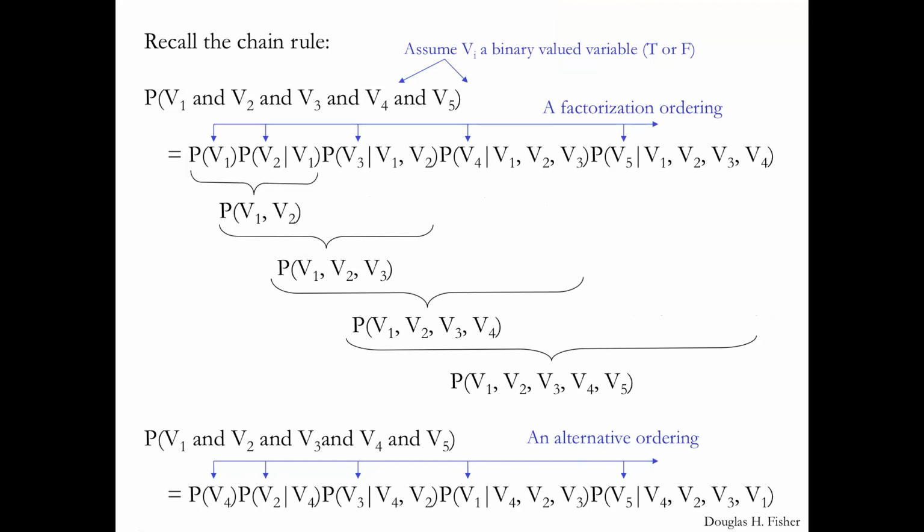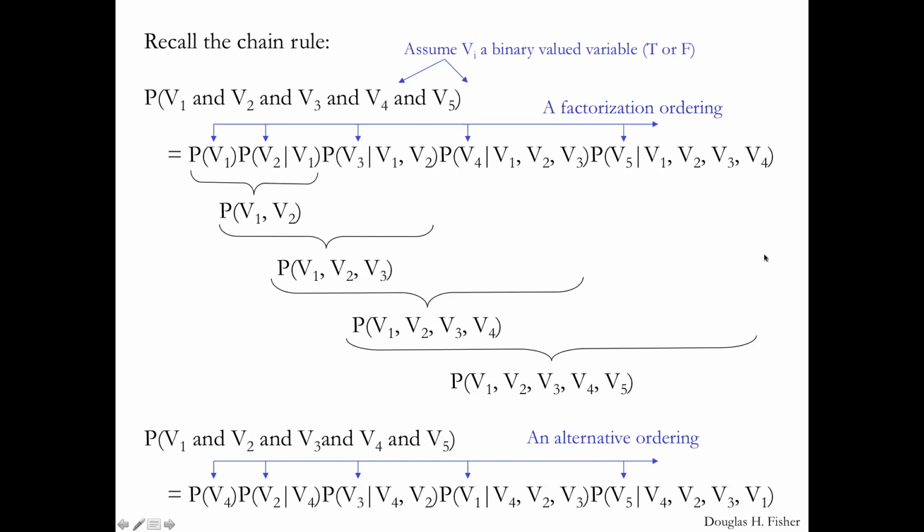So let's go back and look at the original situation. You've seen this slide before, or one very much like it. This is the chain rule, but more importantly, we've got an ordering on variables. And this ordering is V1 followed by V2 followed by V3, V4, V5.